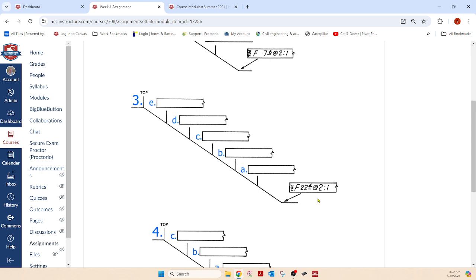I'm sorry, it's not 12, it's 20. So that leaves 2.4 as a vertical right here. All right, and we have a 2 to 1. So if I have a 2.4 vertical, I'll multiply that times 2 and I get a horizontal of 4.8.